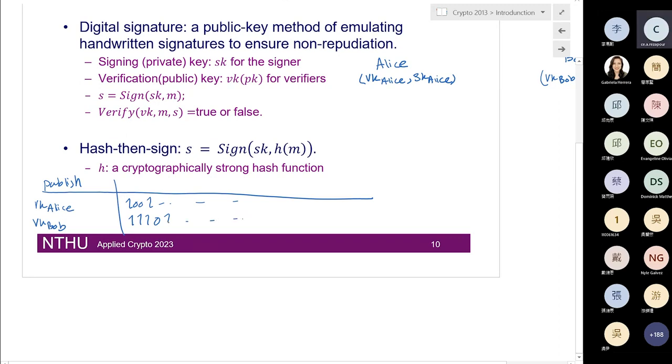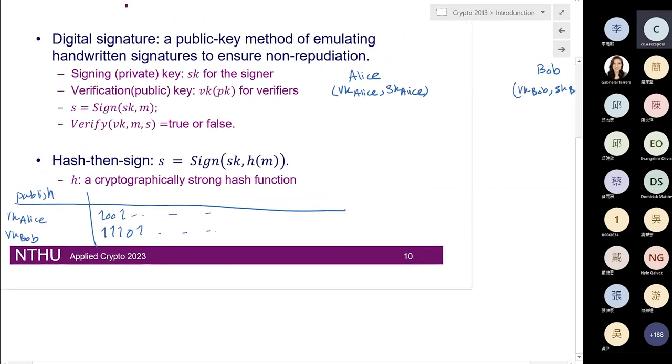This is accessible in public, and nobody can change it, and so on and so forth. And again, there is a mathematical relationship between the verification key and the secret key of every user. By publishing the verification key, nobody can extract the secret key of that user. So it is very safe to publish the verification key.